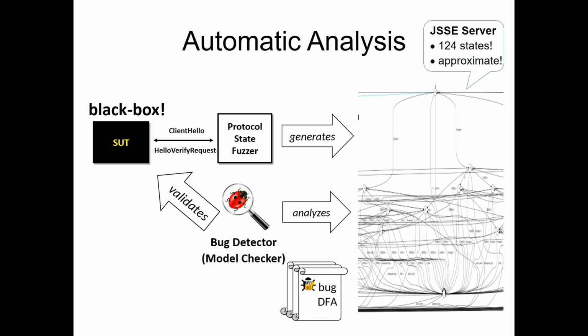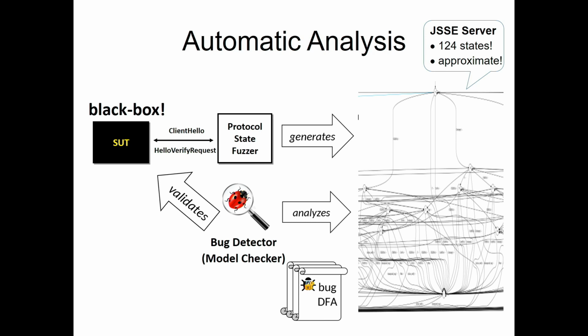We wanted to have an automatic technique that uses a bug detector, a model checker in some sense, that starts from a bug catalog, these bugs that you see coded as DFAs at the bottom of the slide.